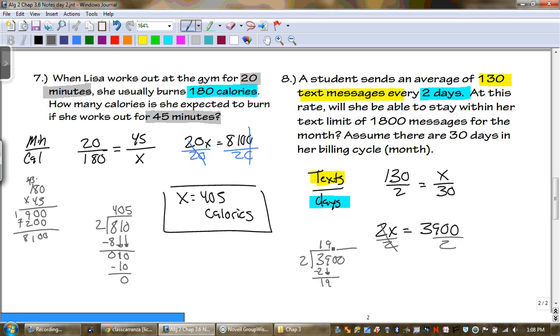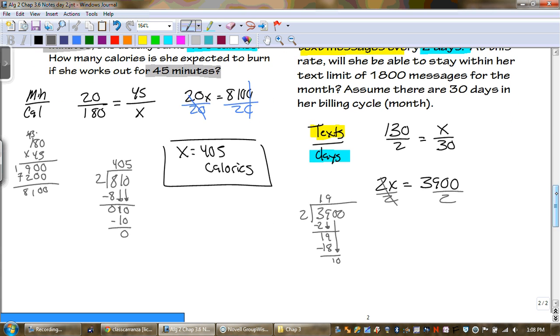It goes in 9 times, and that's 18. How many times does 2 go into 10? Well, we just did that, 5 times. And don't forget about that last 0. Does 2 go into 0? Nope. And now you're done. So that's where we get x equals 1,950.